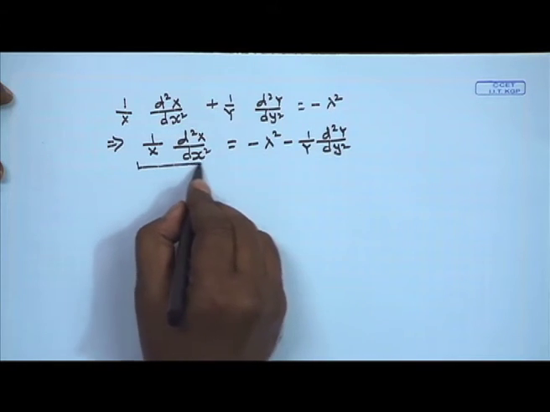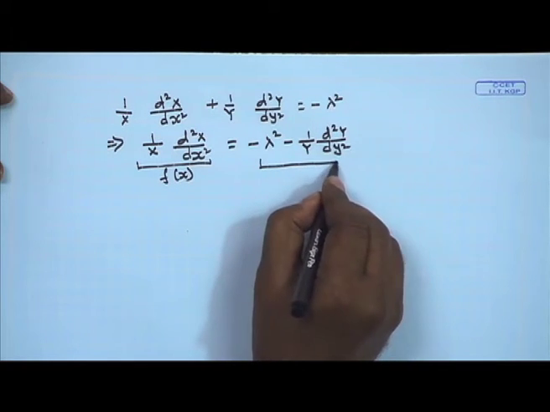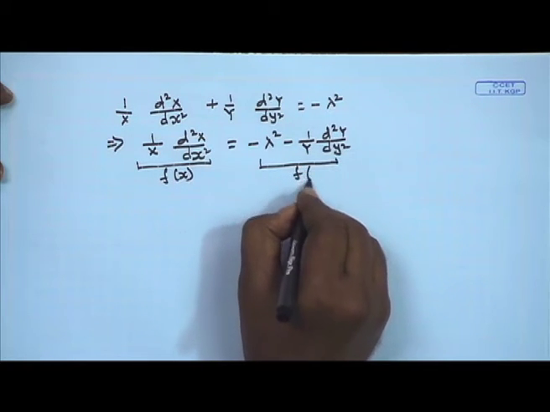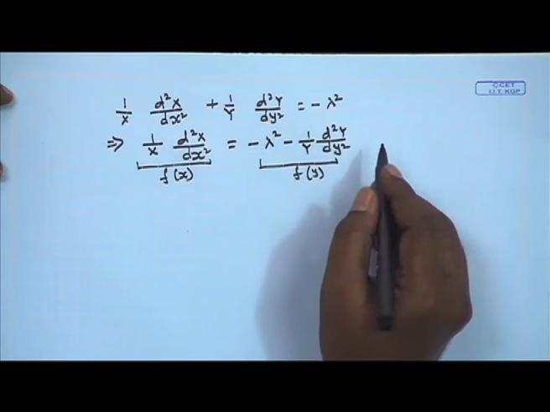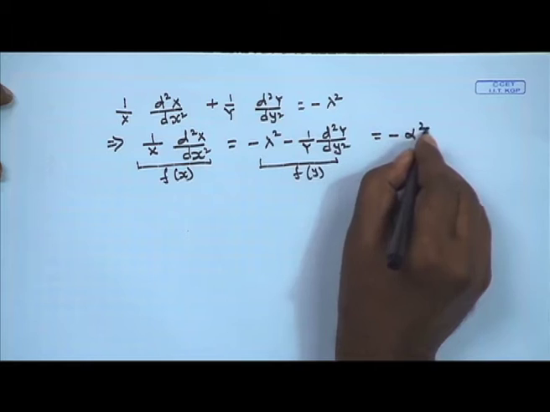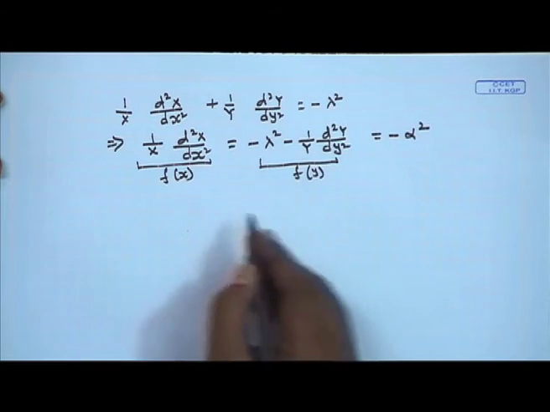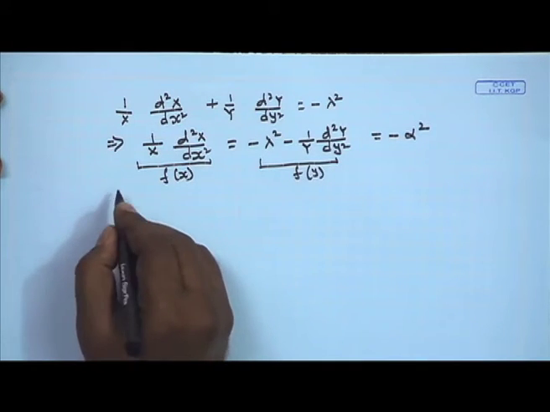Now, this part is a function of x alone and this part is a function of y alone, and they are equal, so they will be equal to some constant, and let us say this constant is minus alpha square, because if this constant is positive or 0, then we will get a trivial solution and we are looking for the non-trivial solution.